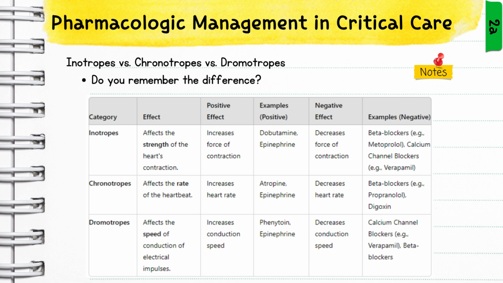Positive chronotropes are going to make it beat faster, and negative chronotropes are going to make it beat slower by affecting the SA node. Dromotropes are influencing the speed by affecting the AV node. They speed up or slow down how fast the electricity goes through the heart. So they may make it slower or faster.